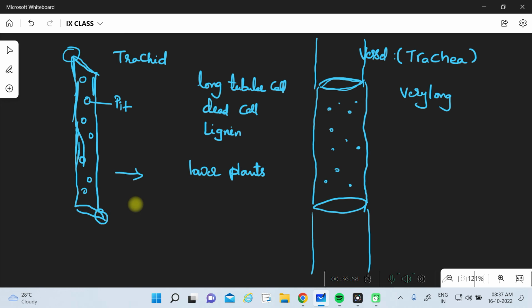Here the vessel is also a dead element. The transverse walls of these vessels contain pits, which are characteristic, and they are also made up of lignin. So the vessels also have the same lignified walls.